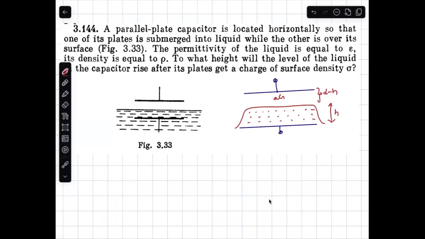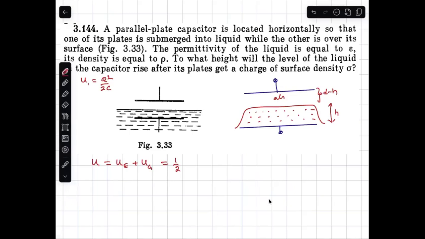Now, at a given instant, what is the total energy? The total energy is electrostatic plus gravitational potential energy. What is electrostatic potential energy? Half, and you know, if you ask me the energy of a capacitor, you will simply write Q square by 2C. Another way of writing is also there.